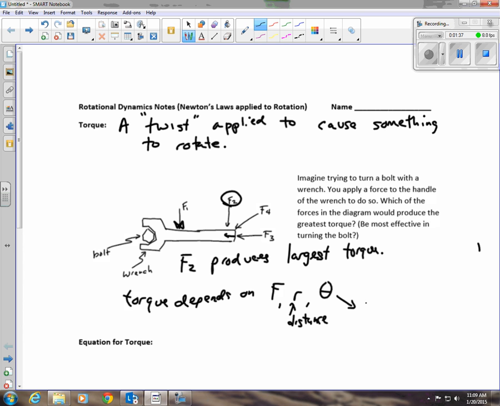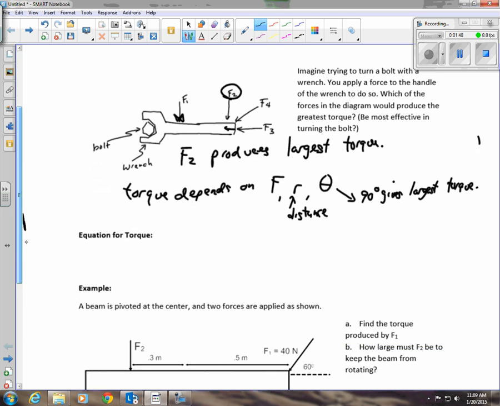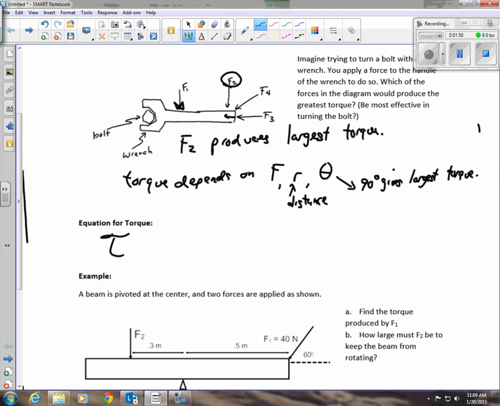And 90 degrees gives the largest torque. So the equation is going to be torque, there's a curly T, it's a Greek letter tau, equals F R sine theta.